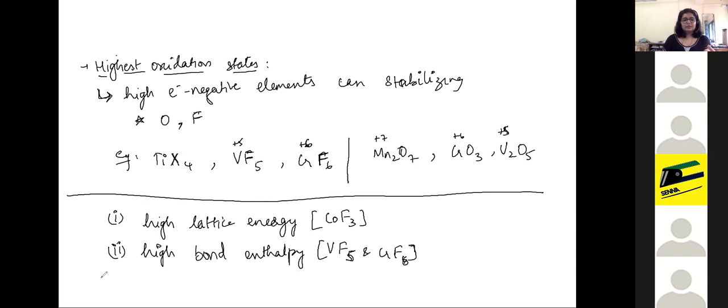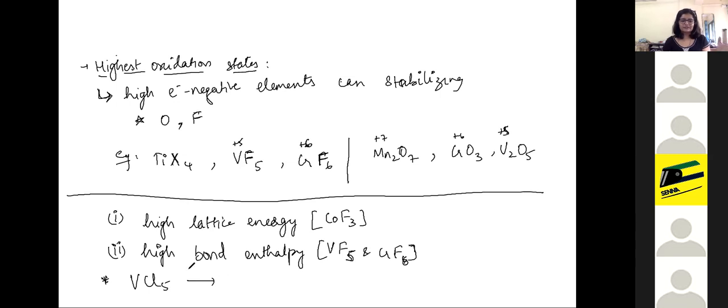Another important exception, or fact, is that when it comes to vanadium, it can show +5 oxidation state only with fluorine and not with other halides. The reason is that even if you were to prepare something like VCl5, it is going to get hydrolyzed to form oxohalides.